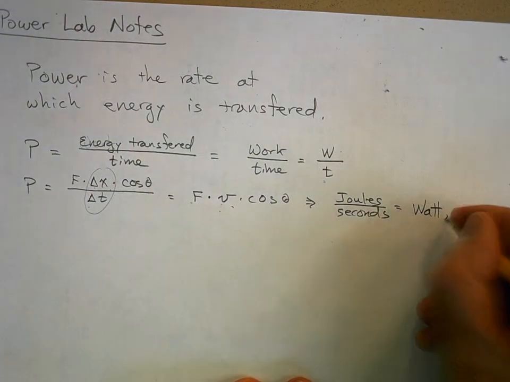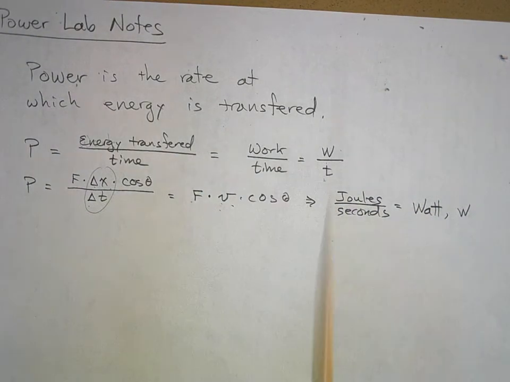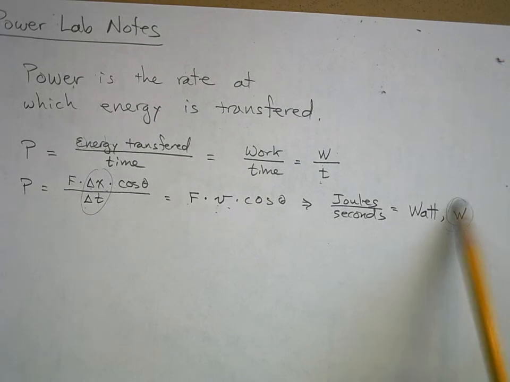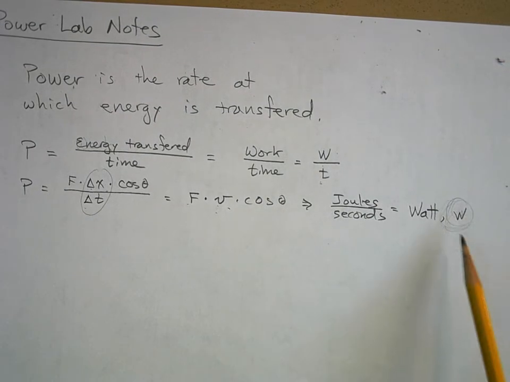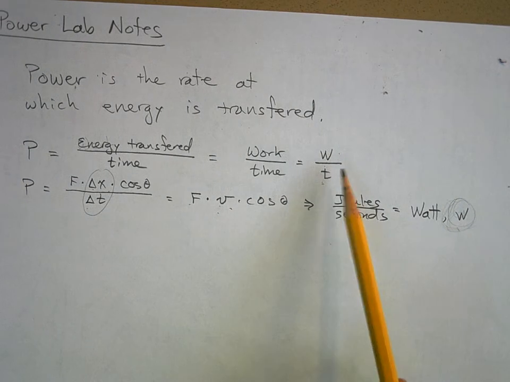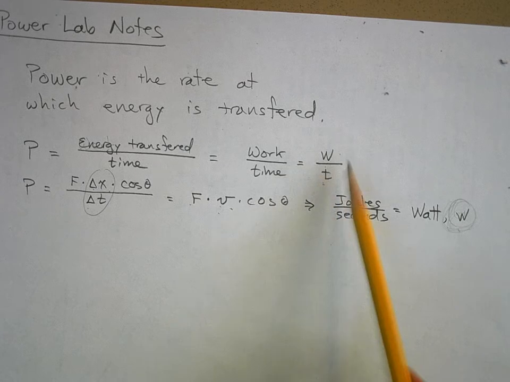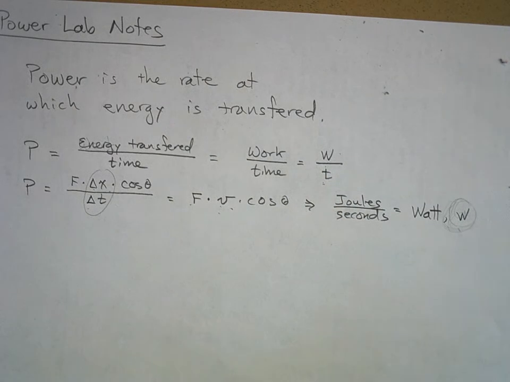And we abbreviate a watt with a capital W, which is unfortunate because we also use capital W to represent work. But in this case, it's a unit. So if you see W next to a number, that's how many watts there are, the power. And if you see it as a variable, that means work, which is just joules. All right.